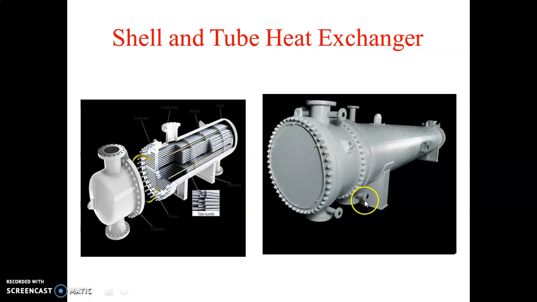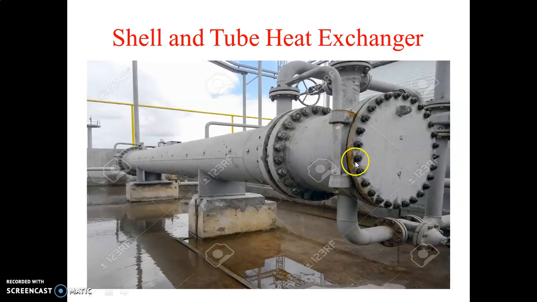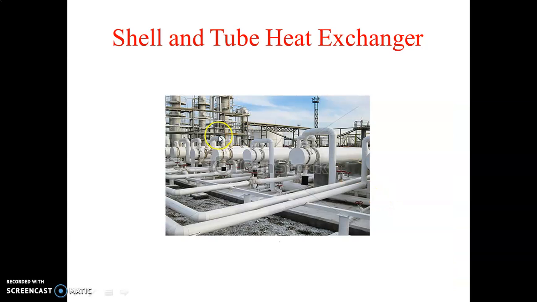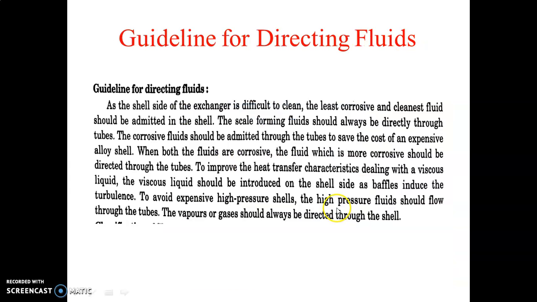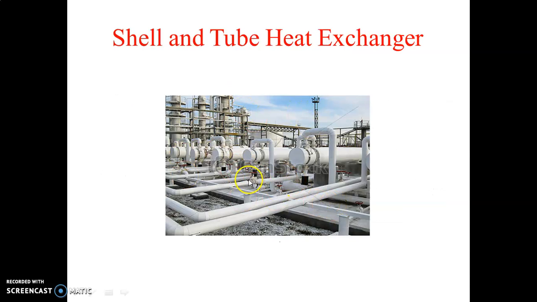Okay, so these are the supports. This is also one figure, and this is also one figure of the shell and tube heat exchanger. That means there are a number of shell and tube heat exchangers. This photo is obtained from a refinery.